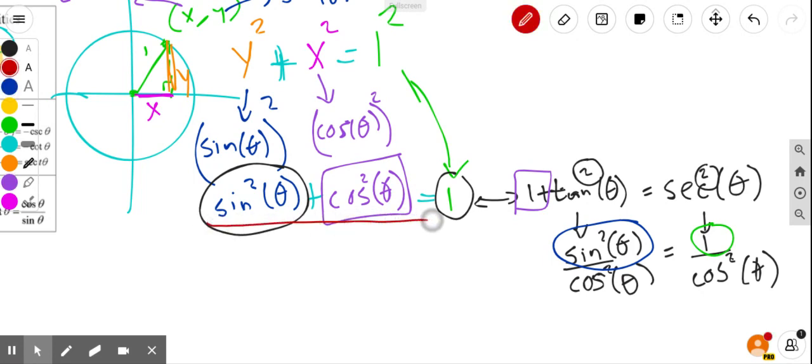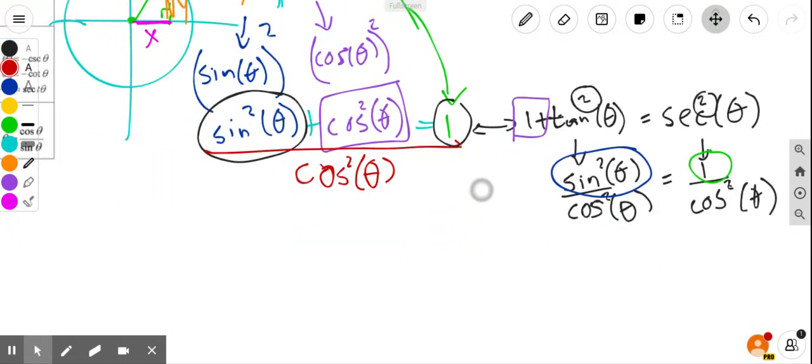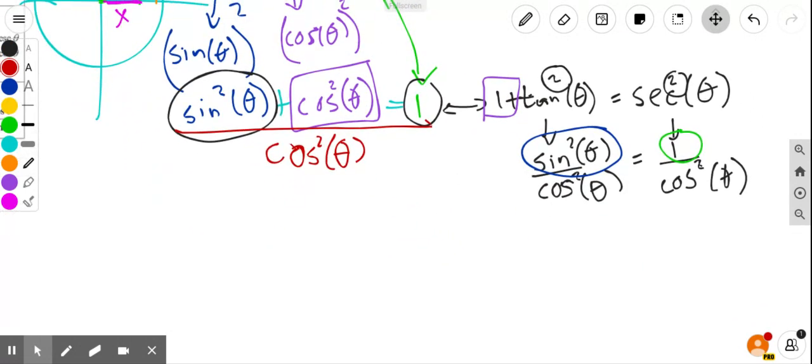I could take all of this, every single one of these terms, and divide it by cosine squared of theta. All right, because if I divide everything here by a cosine squared, sine divided by cosine would give me a tangent, but because they're both squared, that's a tangent squared of theta.